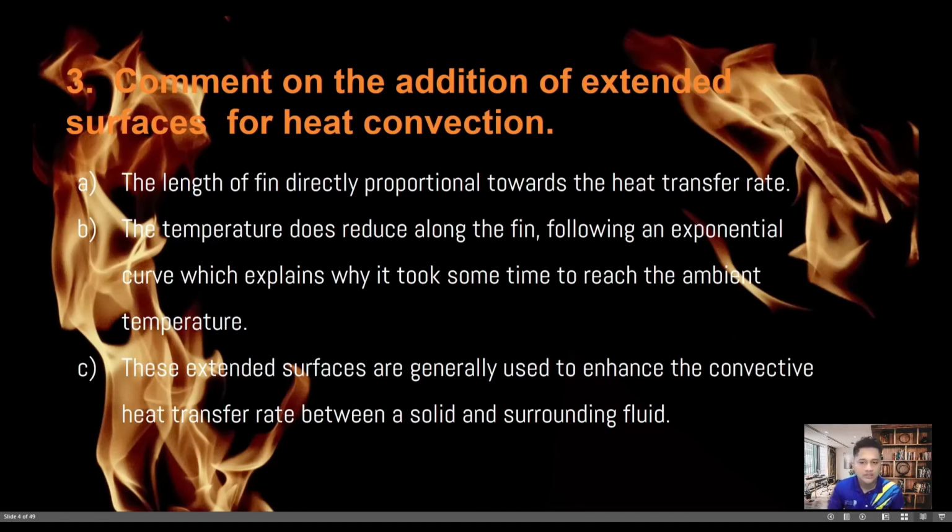We can see that the length of the fin is directly proportional to the heat transfer rate. The temperature reduces along the fin following an exponential curve, which explains why it took some time to reach the ambient temperature. Other than that, these extended surfaces are generally used to enhance the convective heat transfer rate between a solid and the surrounding fluid.